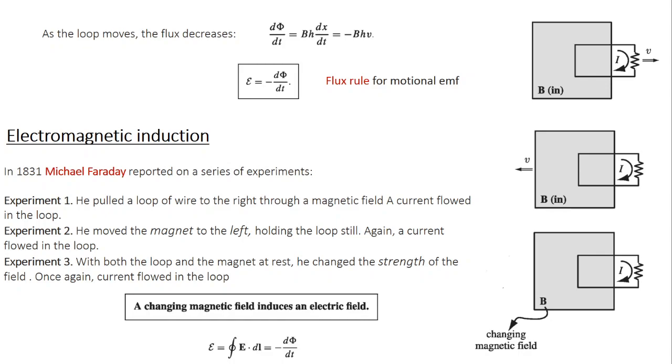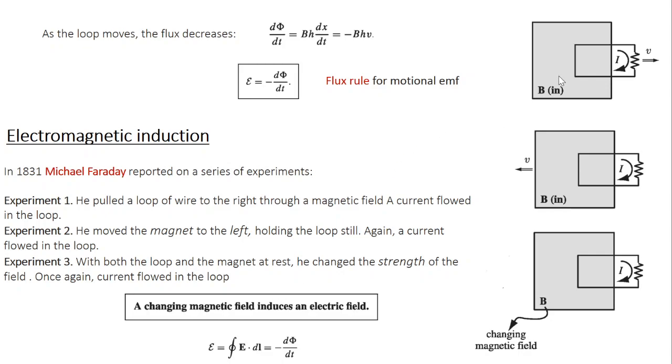Now, this proved to be a very important discovery, because up to this point, people treated electricity and magnetism as separate phenomena. But from this point onwards, people realized that these two are interconnected. So till now it was electricity and magnetism. Now onwards we can call it electromagnetism. There is an inherent connection between these two.